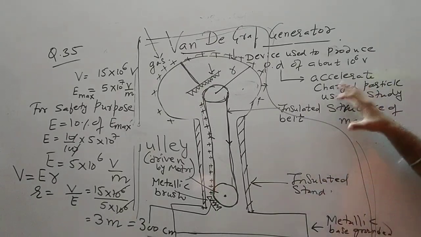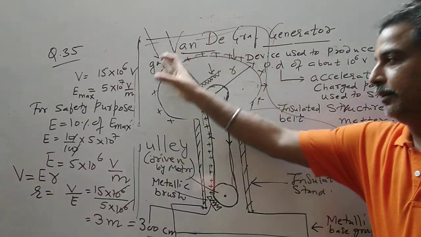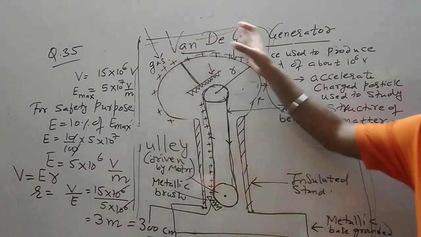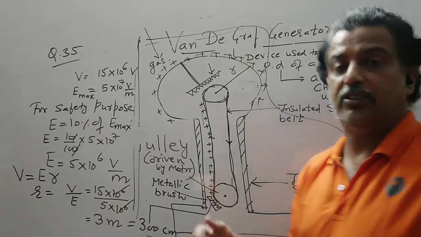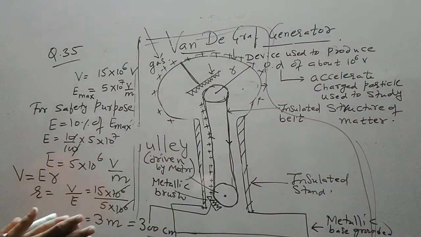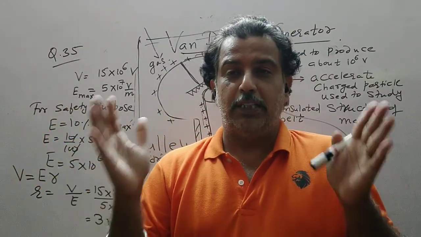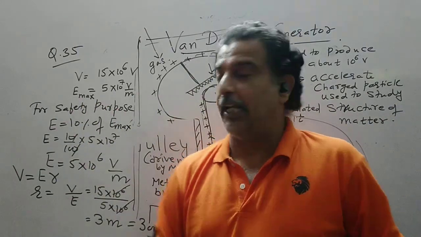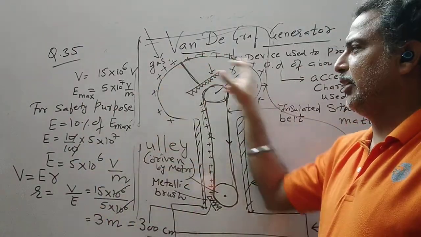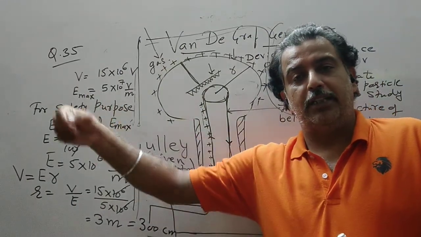Whatever charged particle you have to accelerate, we can take one terminal as this sphere, that is the high potential, and the other terminal is grounded, that is the low potential. When the charged particle enters between these two electrodes, this is referred to as the positive electrode in a numerical, and the negative electrode means it is earthed.